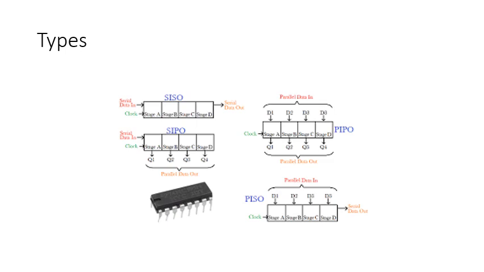So we can see the connections like in serial in and serial out, SISO, the serial data input is there and serial data output is there. So one by one with the clock pulses, bits will be coming in and bits will be going out. If we have SIPO, that is serial in parallel out, the data input is serial and there are 4 parallel outputs available.